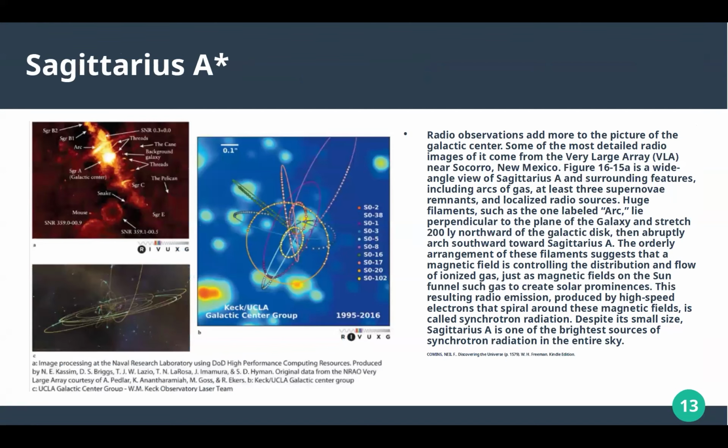This resulting radio emission, produced by high-speed electrons that spiral around these magnetic fields, is called synchrotron radiation. Despite its small size, Sagittarius A is one of the brightest sources of synchrotron radiation in the entire sky.